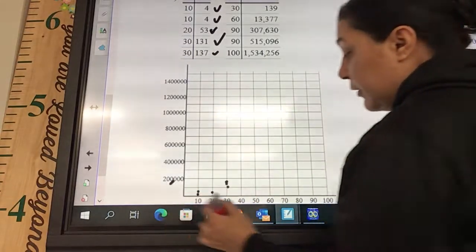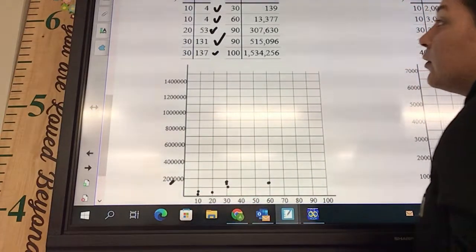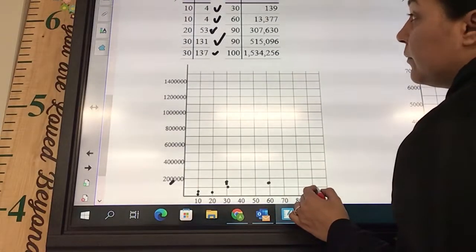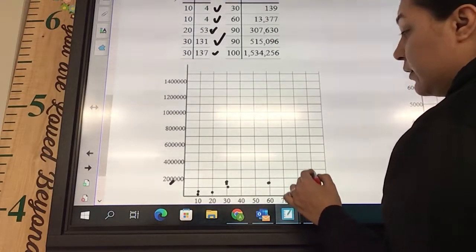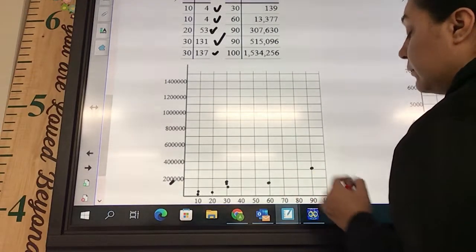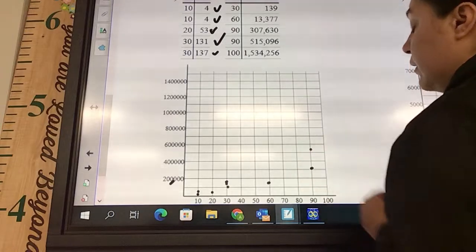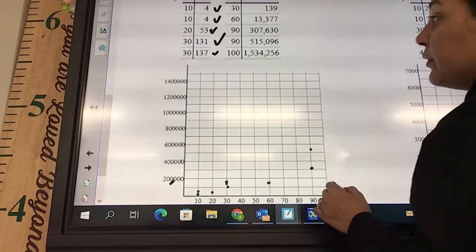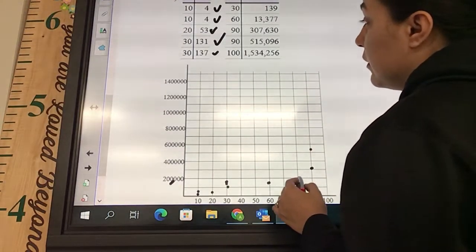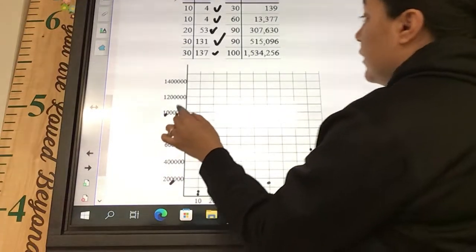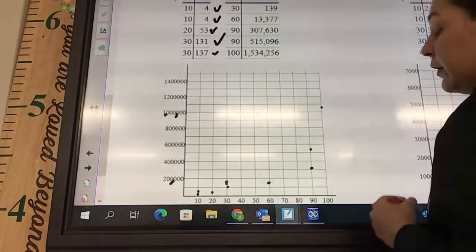So this is 200,000. So same thing, it's going to be way low. 90 and 300,000. So that's going to be somewhere up here. 90 and 515. And then 100 and, that's going to be somewhere about there.